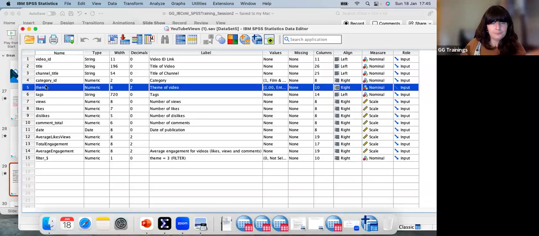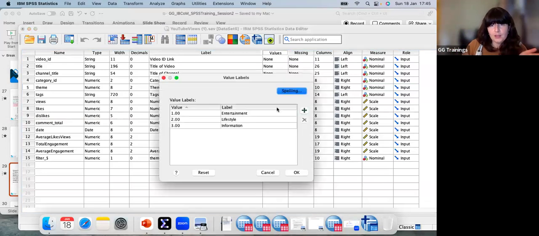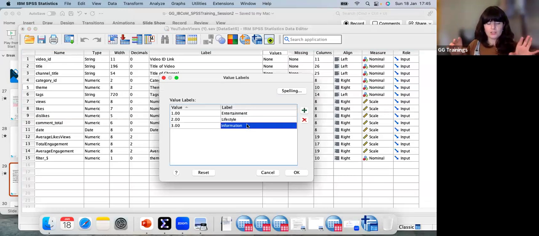So for theme, we look at value. If the order is entertainment, lifestyle, information, 1, 2, 3, and the question starts with 20% belongs in information, I need to know that 20 must go third, because information is third in terms of the value labels. So when you list the percentages, make sure they correspond to values 1, 2, 3, 4.